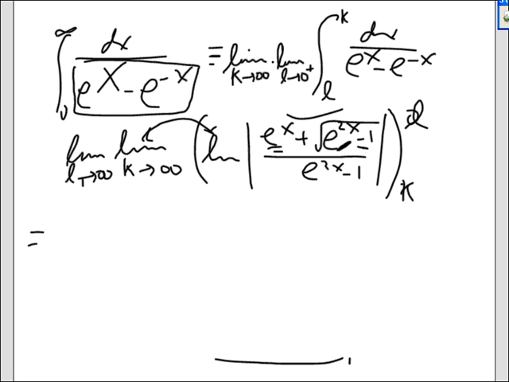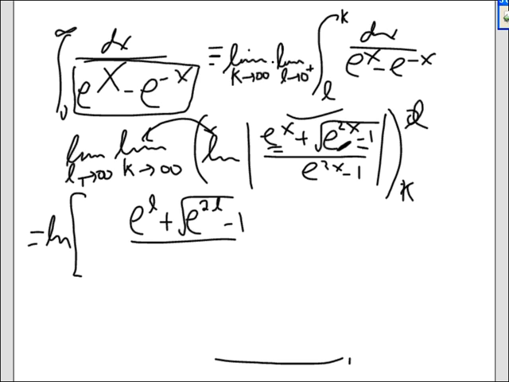And we should have L here. So this is equal to ln of the limit. First I plug in L. So I get e to the L plus the square root of e to the 2L minus 1, divided by e to the 2L minus 1, and we take the limit as L goes to 0 plus.